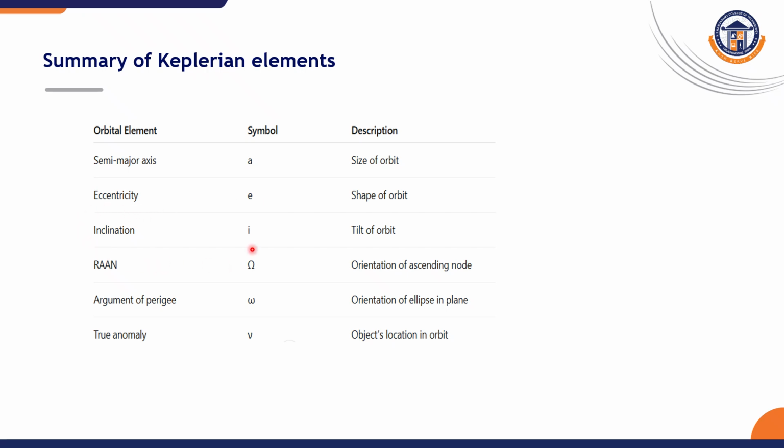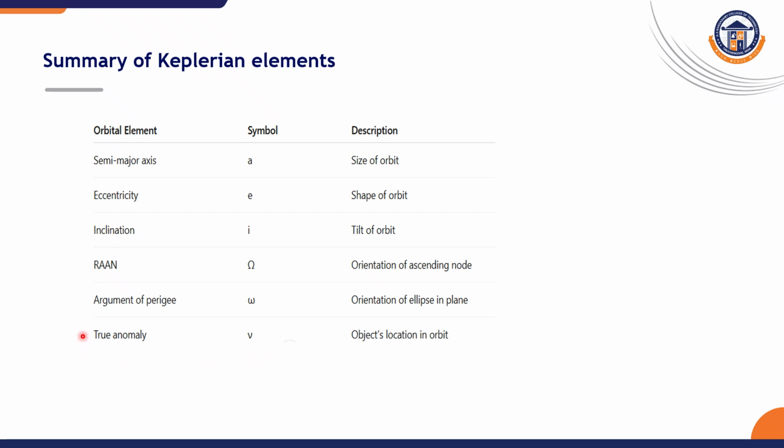Angle of inclination is the tilt of the orbit, and right ascension of the ascending node gives the orientation of the ascending node. Argument of perigee defines the orientation of the ellipse in the plane. True anomaly defines the object's current location in the orbit.